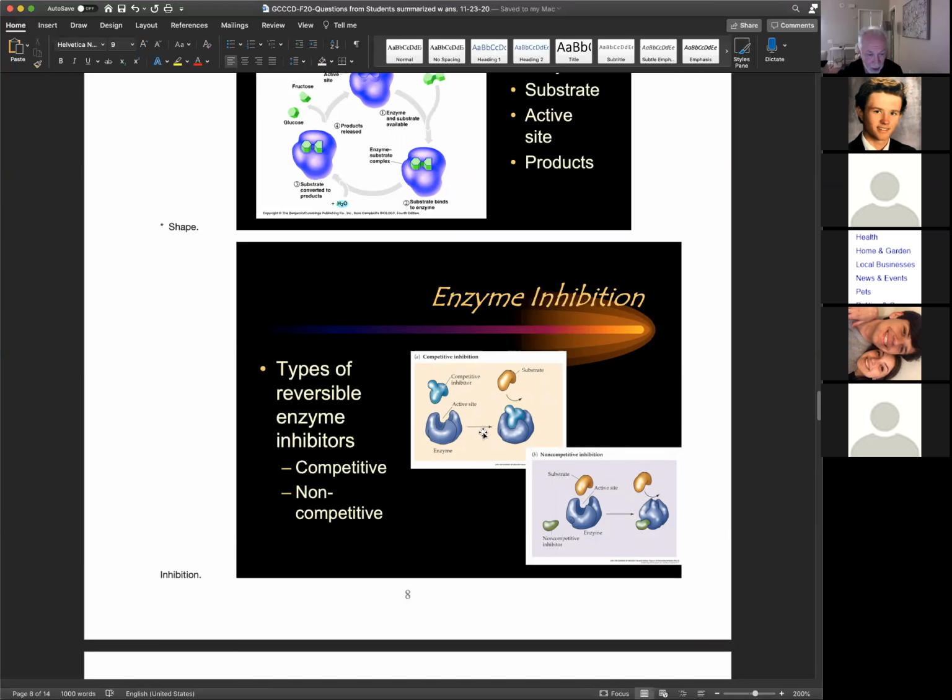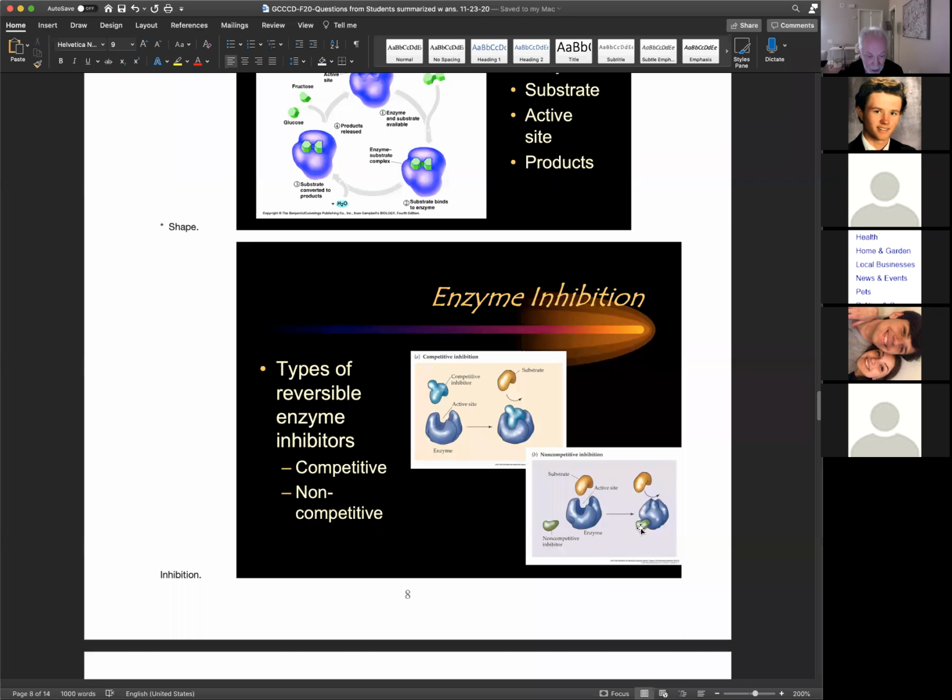Now, non-competitive inhibition: the inhibitor in green and the substrate, they're not competing for the same site. The inhibitor has its own site at a different part of the molecule. And if it occupies that site, it changes the shape of the active site of the enzyme, so that now when the substrate comes along, it has nowhere to fit.